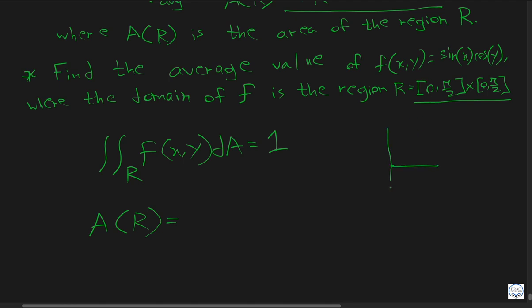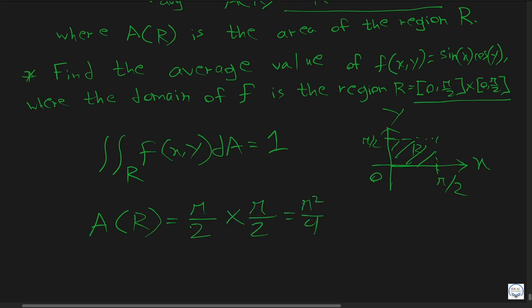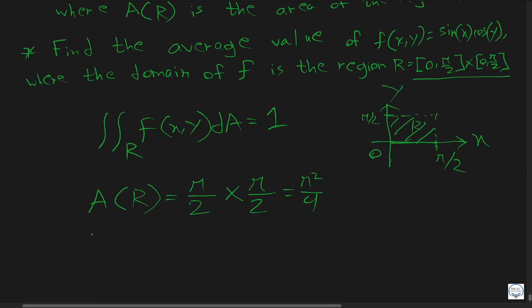Since this is a rectangular region, let's just draw the two-dimensional diagram of the region, the x-axis and the y-axis. X varies from 0 to pi by 2, y varies from 0 to pi by 2. So this is our rectangular region R, and this is actually a square because both lengths are equal, and the area of this will be just the product of the sides. Pi by 2 times pi by 2 is pi squared by 4.